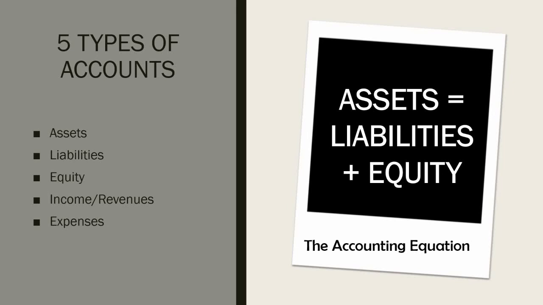Straightforward, okay? There's only 5 and 5 only. No more, no less. So you need to know these 5 account types because this is going to be very, very crucial, especially when we dive into our chart of accounts, which we talk about in chapter 12, okay, which is tomorrow.